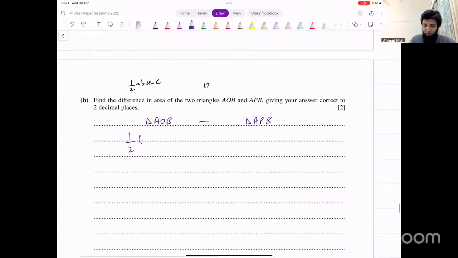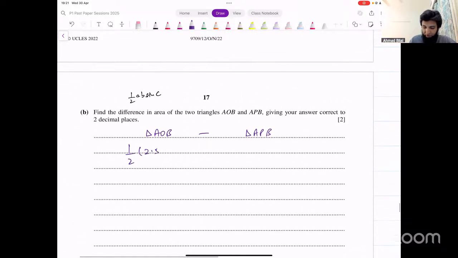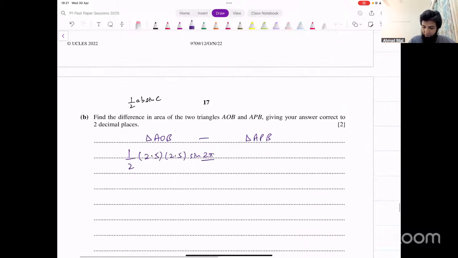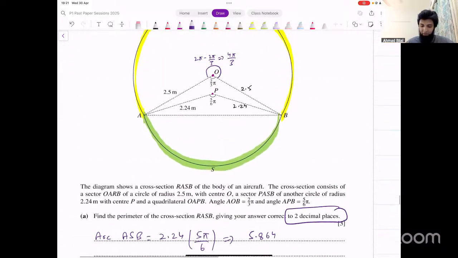So 1/2 into 2.5 into 2.5 into sine of 2 pi/3, minus 1/2 into the smaller triangle's sides, 2.24 into 2.24, into sine of the angle between them. The angle between them is 5 pi/6.